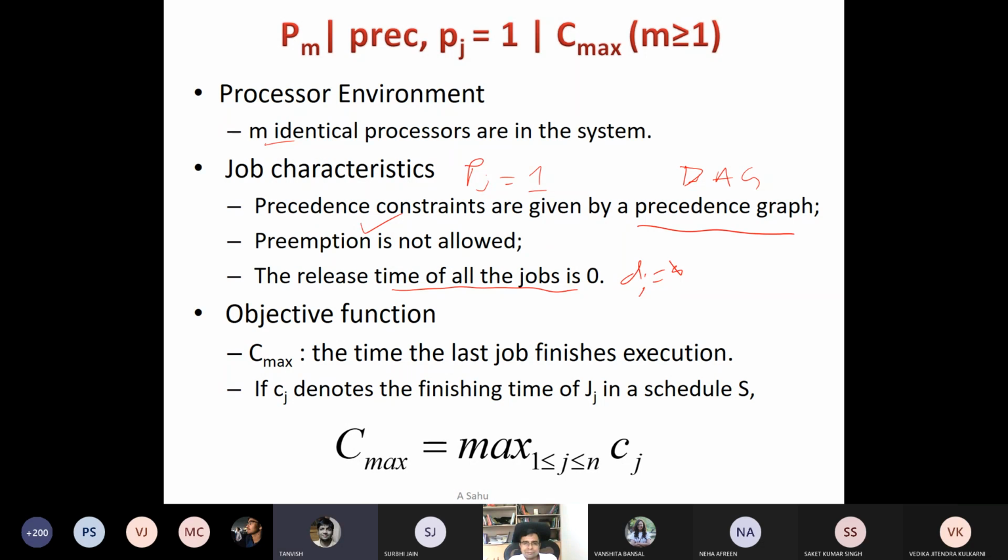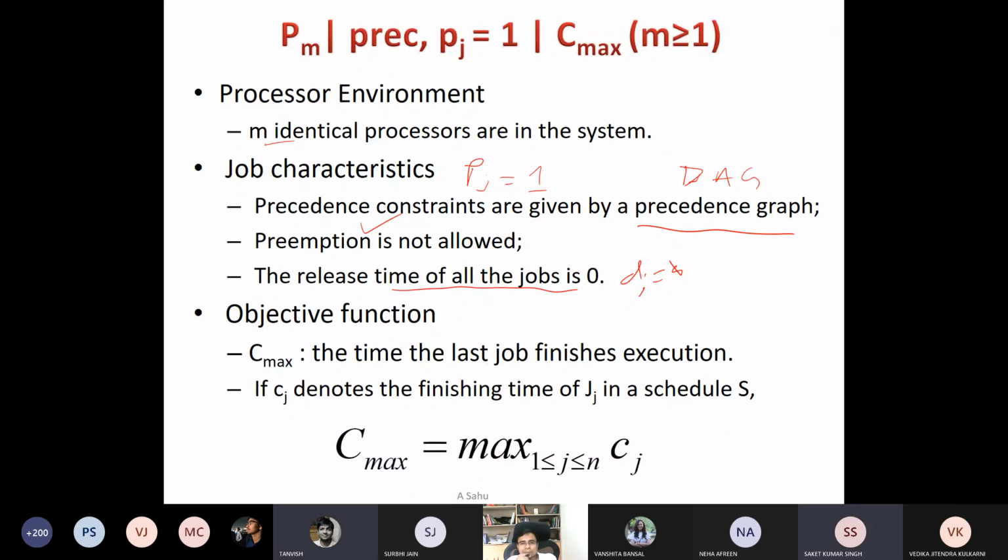Sir, I am thinking that if we have an adequate number of processors, then in that case it would be just equal to the diameter of the DAG, the longest path. Longest path is fine, but Cmax will definitely not be less than the diameter. That is fine.